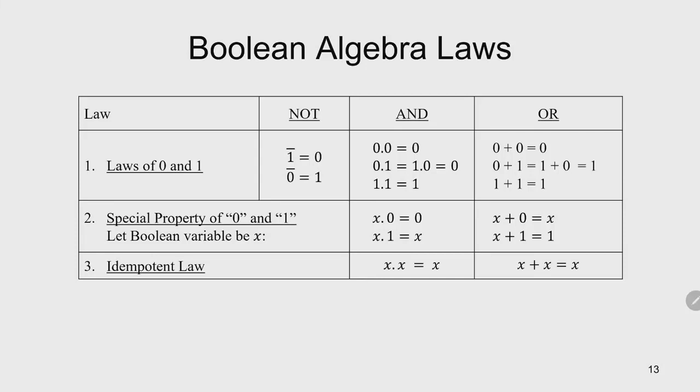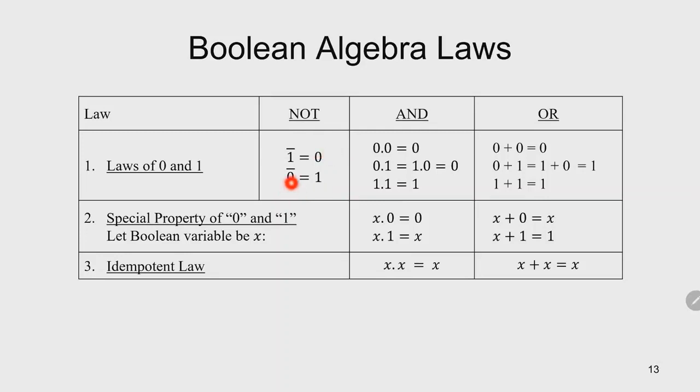And next, we're going to learn about the laws of Boolean algebra. The first one, the laws of 1 and 0, is basically the gates that we talked about just now. So NOT 1, 1 with a bar, will be 0.